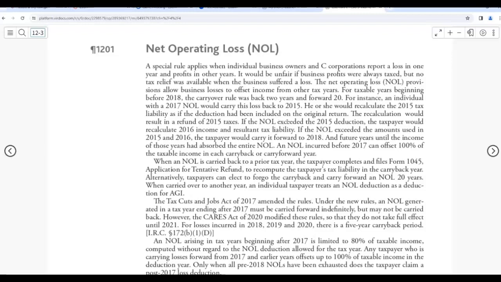If the net operating loss exceeds the 2015 deduction, then the taxpayer would recalculate 2016 income. That means you have to amend that and see how much tax you can get back from 2016. If the net operating loss exceeded the amount used in both 2015 and 2016, then the taxpayer would carry forward to 2018 and the next 20 years.